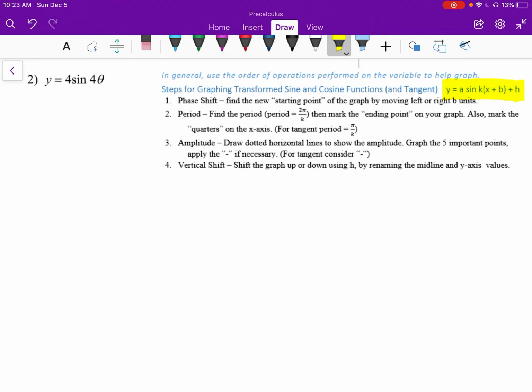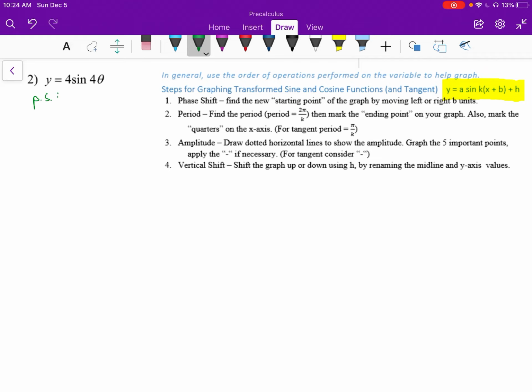So here we go. We want to graph y equals 4 sine of 4 theta. So what I'm going to do is put down all my different things here. I want to find phase shift, which remember is our left to right movement.